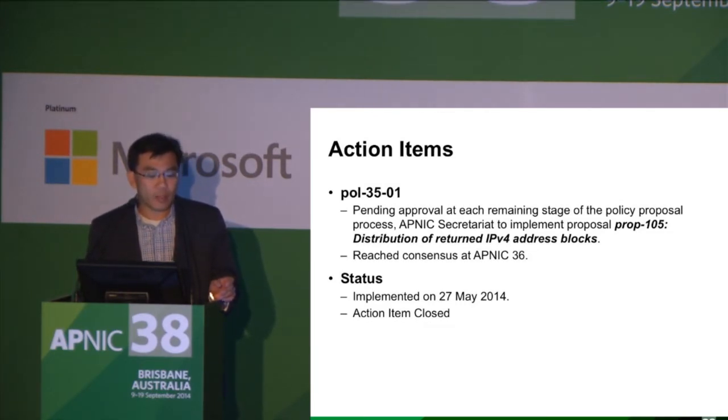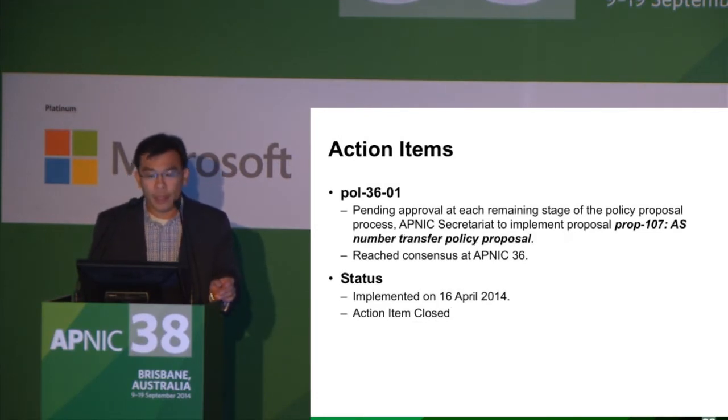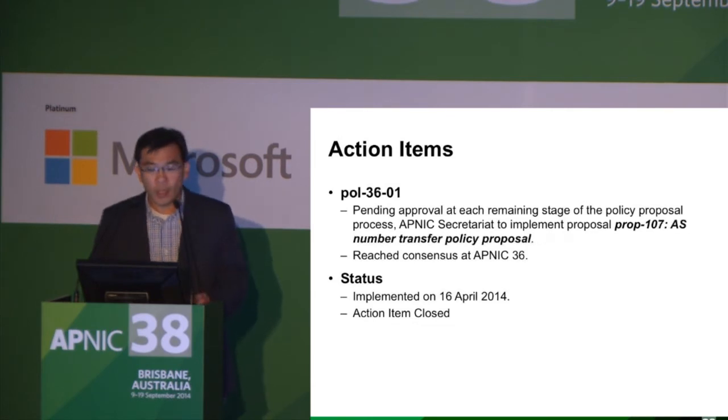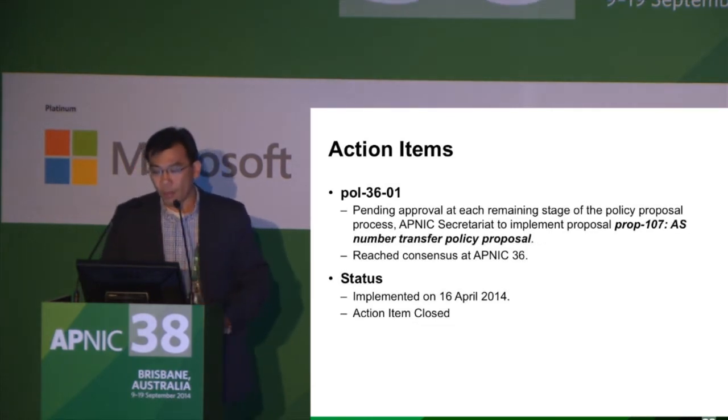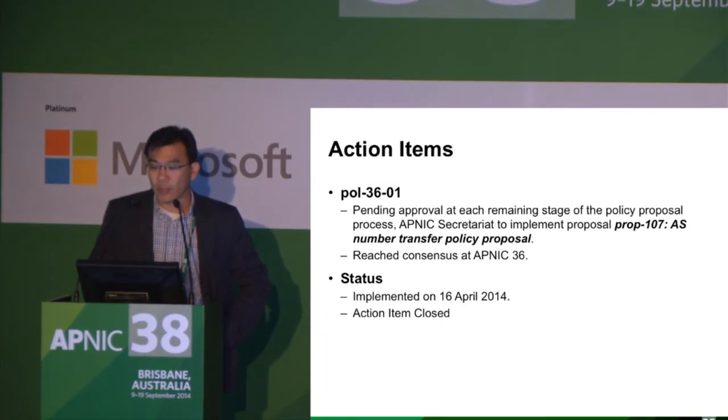It was implemented on May 27th this year, so this action item was closed. The second one is Prop 107, which proposed AS number transfer. It also reached consensus at the same meeting and was implemented on April 16 of this year. So this action item was also closed.